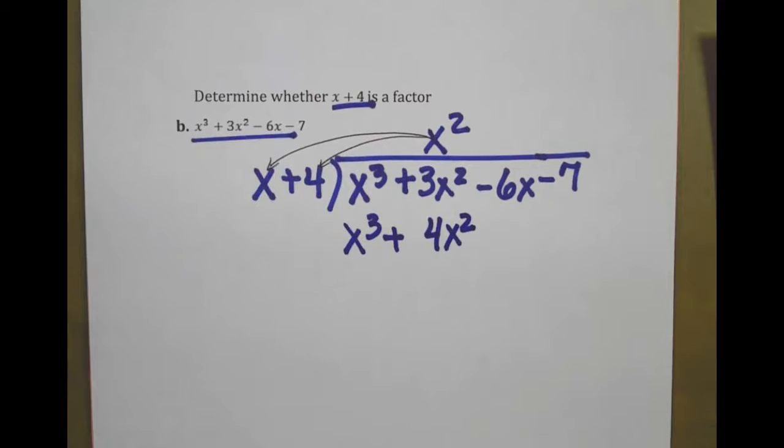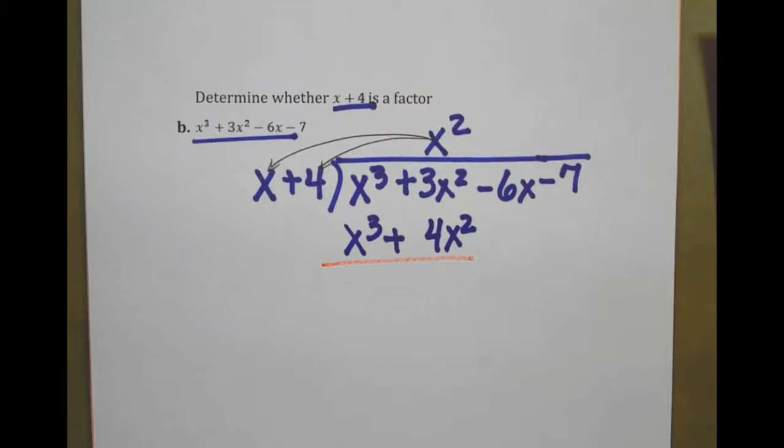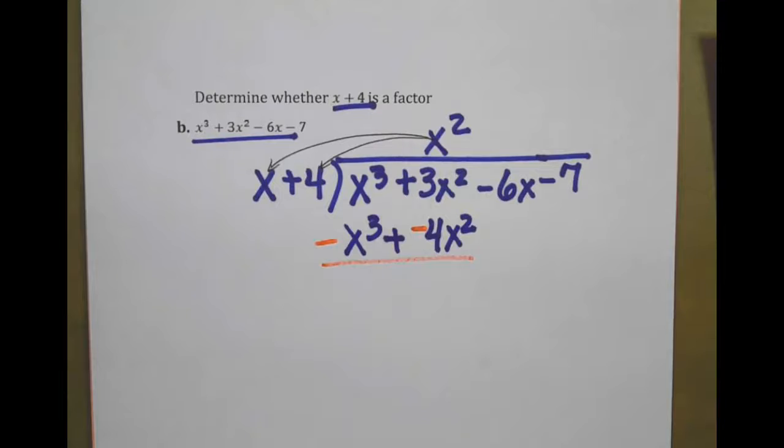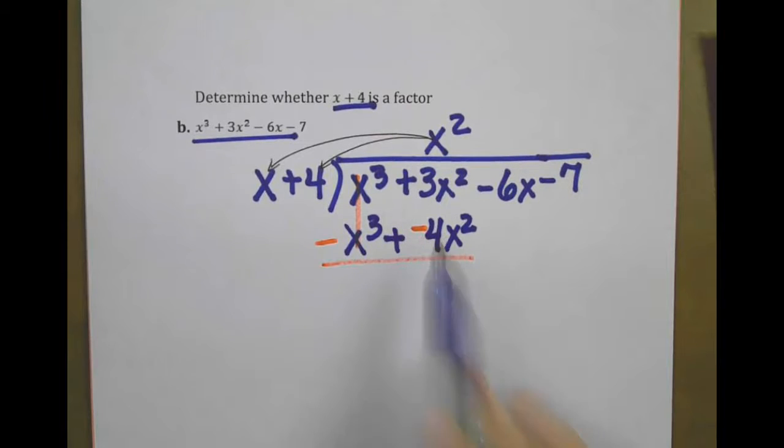I need to subtract. You will make fewer sign mistakes if you think of subtracting as adding the opposite using your integer rules. This cancels out. What's 3 plus negative 4?